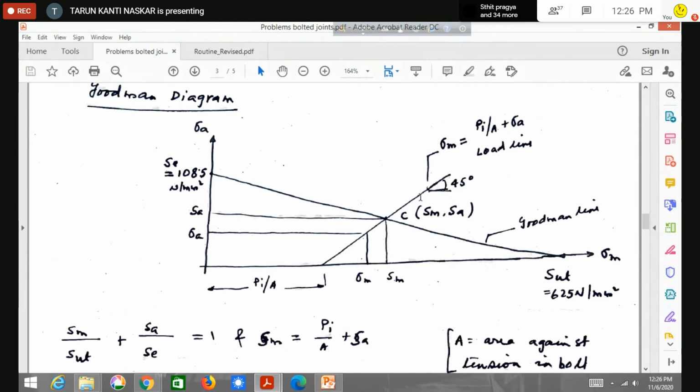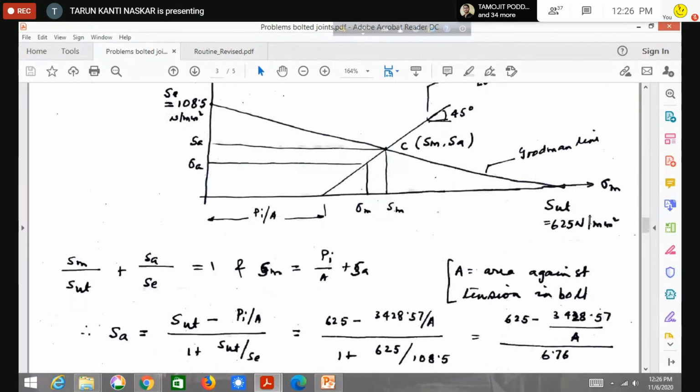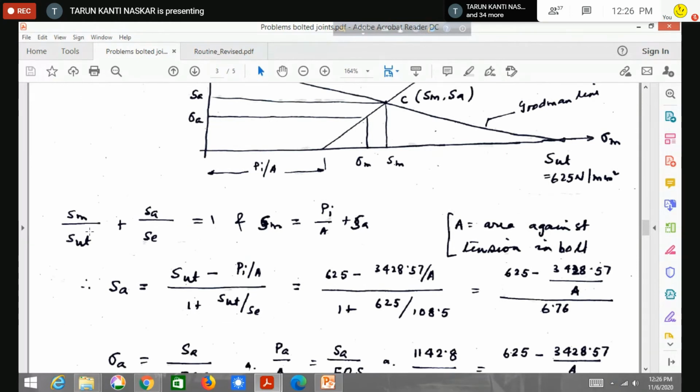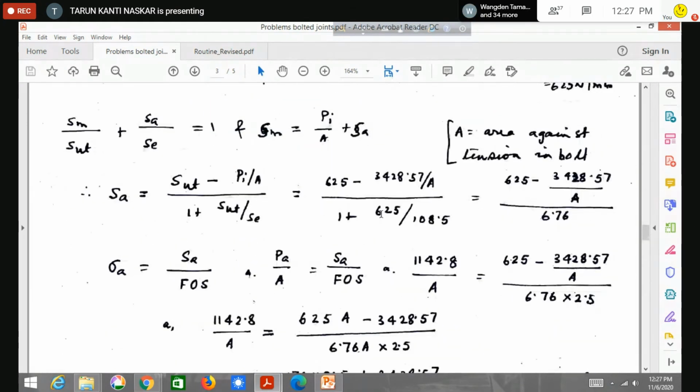Then this is the load line, the point of intersection, and from the point of intersection we can establish these two equations: Sm by SUT plus Sa by AC equal to 1, and Sm equal to Pi by A plus Sa, where A is the area against tension in bolt. This A is to be found out. So Sa is equal to SUT minus etc.